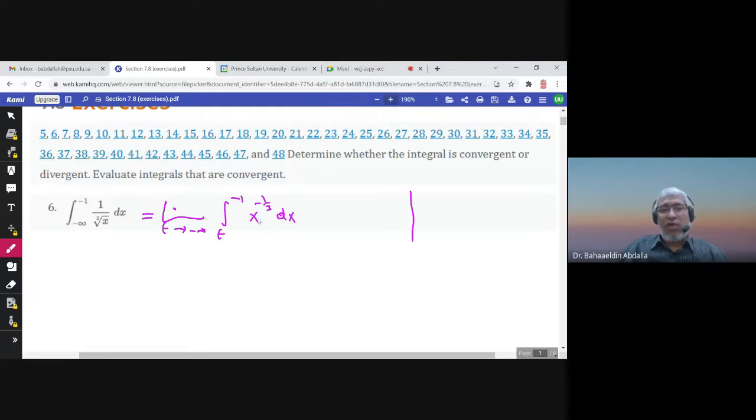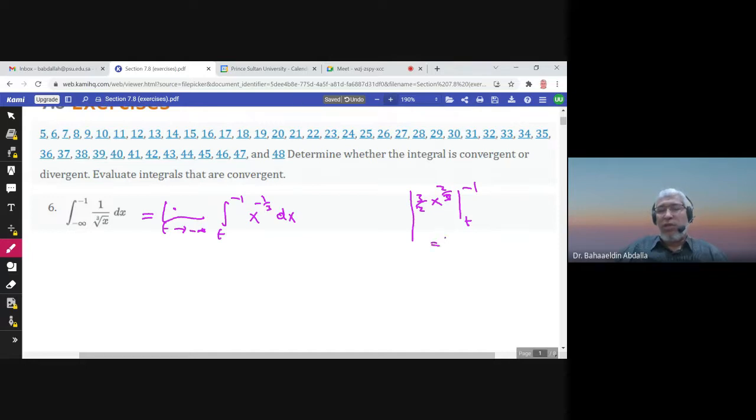When we evaluate the integral, we will have x to the power negative 1 over 3 plus 1, so 2 over 3, over 2 over 3, all times 3 over 2, from t to negative 1.